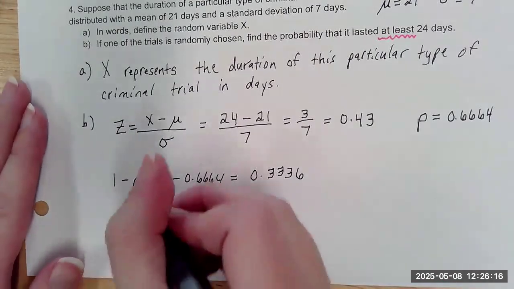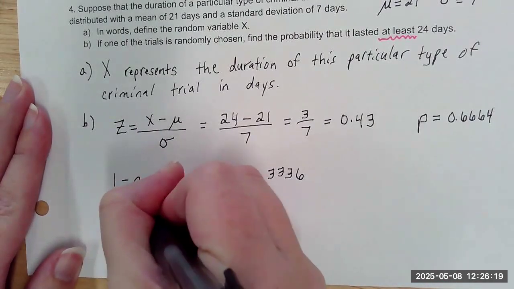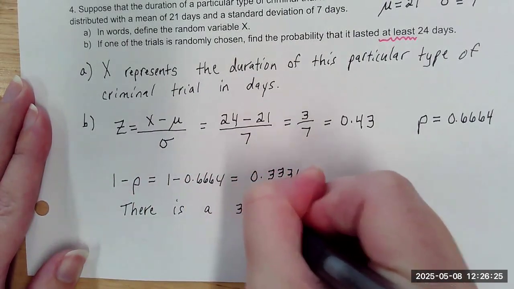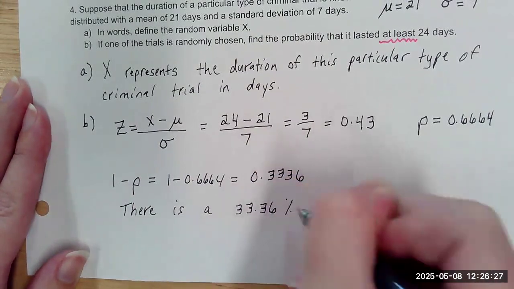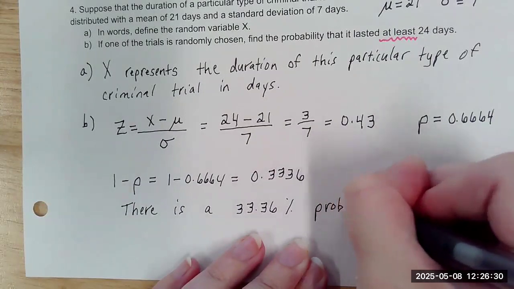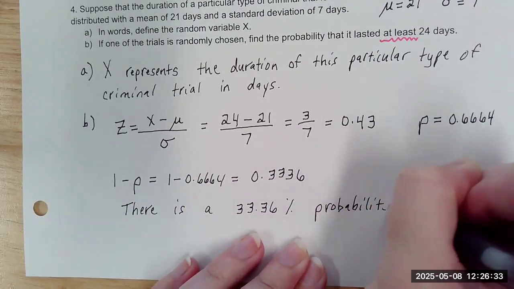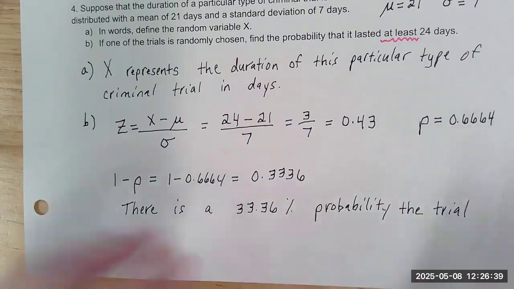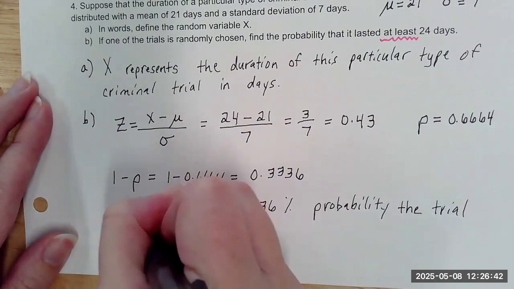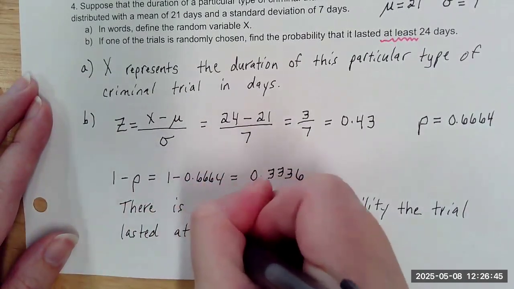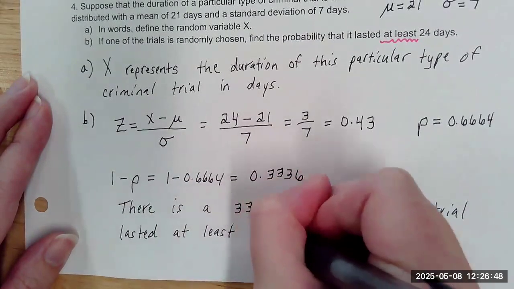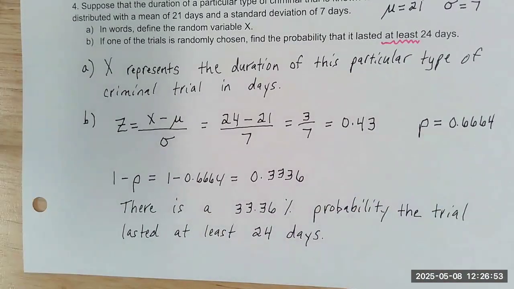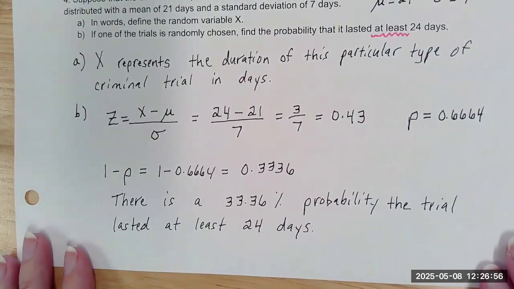So I'd say there is a 33.36% probability the trial lasted at least 24 days. Questions on that one?